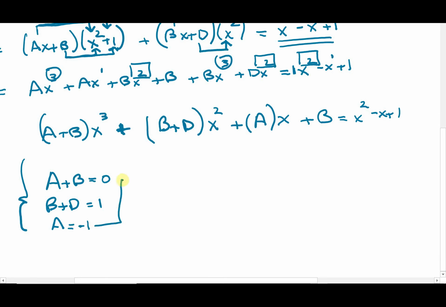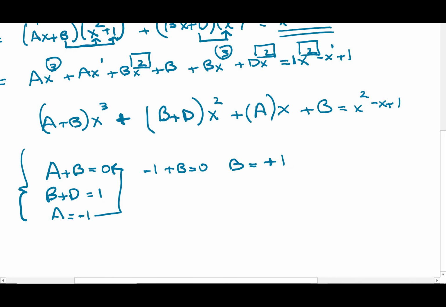And then relaying it back here, what we have now is -1 plus b equals 0. So that means b equals +1. The last term is plus b, which is a 1. Well, that's satisfied. A is -1, that is true for that case.